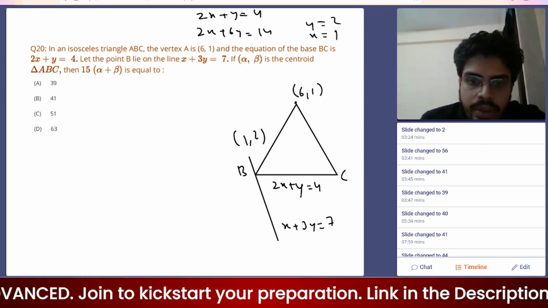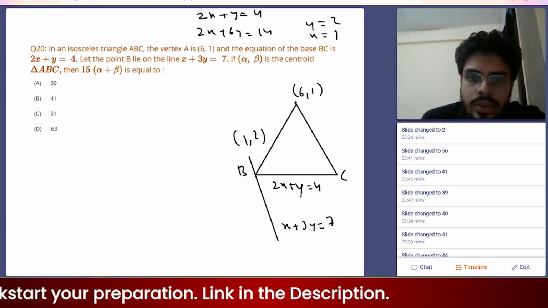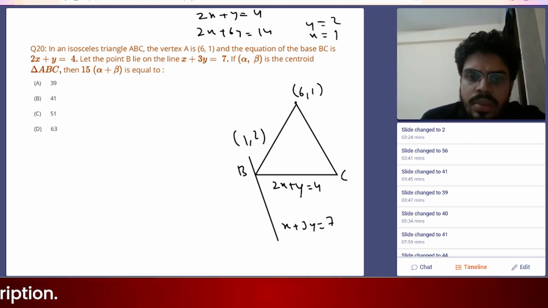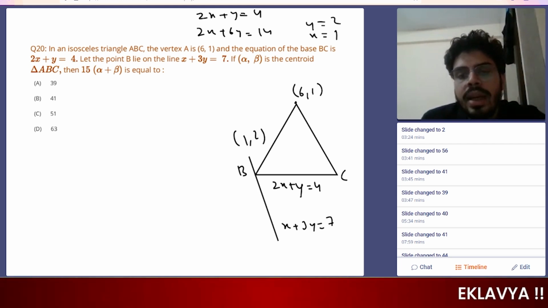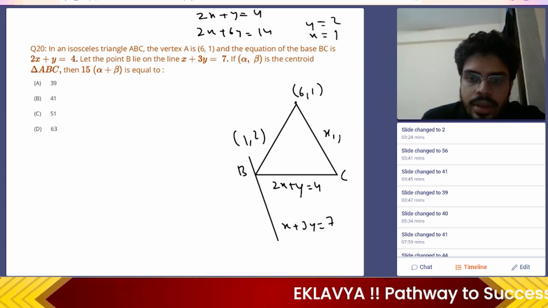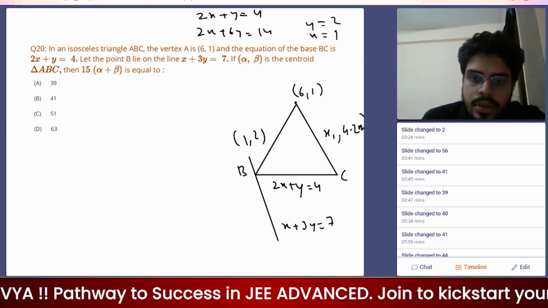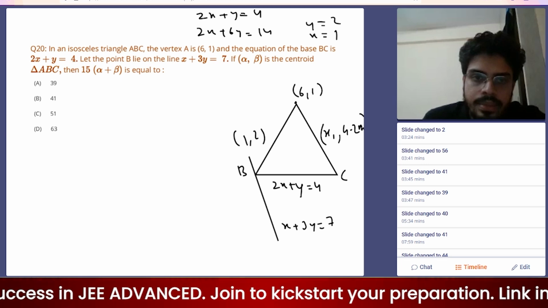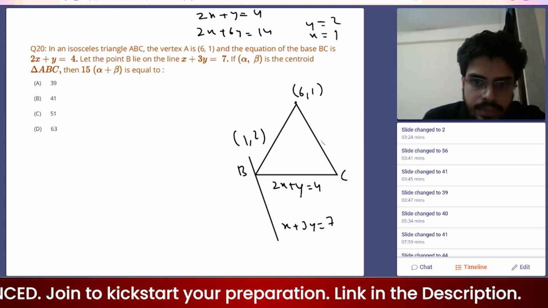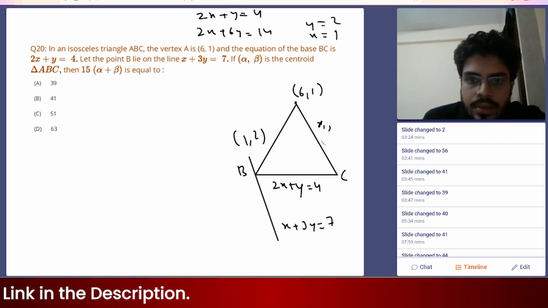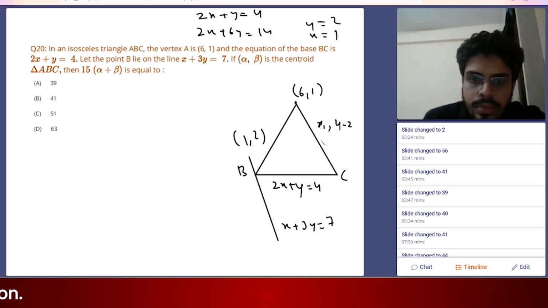Now what can we say about C? C is a point on this line, 2x plus y is equal to 4. So I can take C as some x1, and the y value will be 4 minus 2x1, right? So I will take C as x1, 4 minus 2x1.